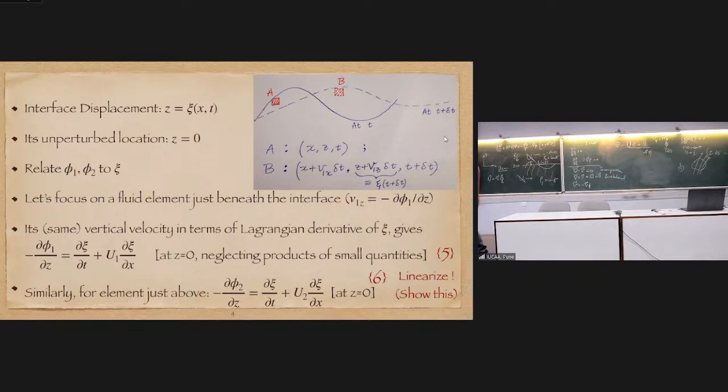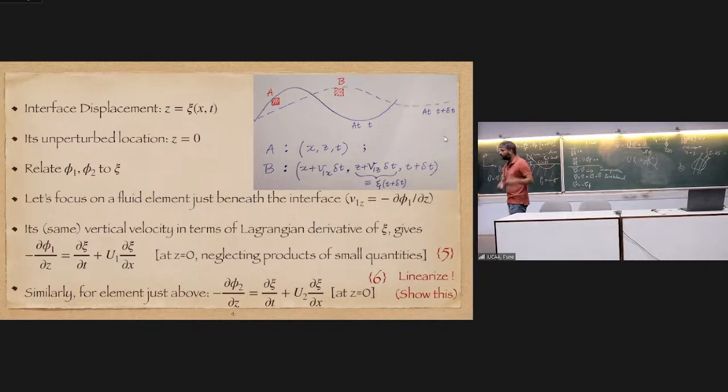You have to show that when you are taking quantities like u times xi 1, and if I get another small quantity, something like a xi squared order term, that you throw away. So you linearize in perturbation. If the mean quantity U hits xi, you keep it.